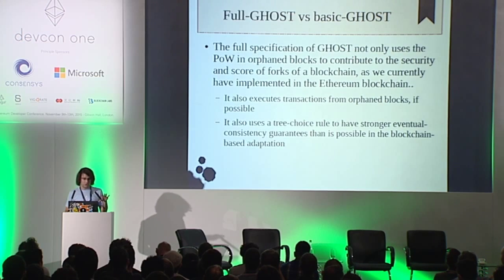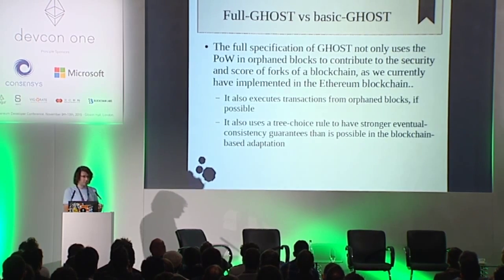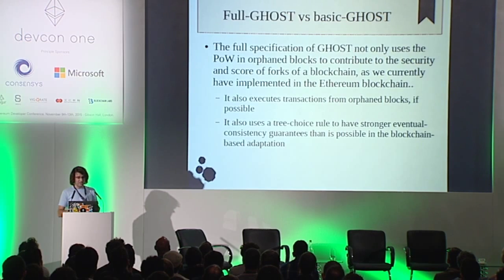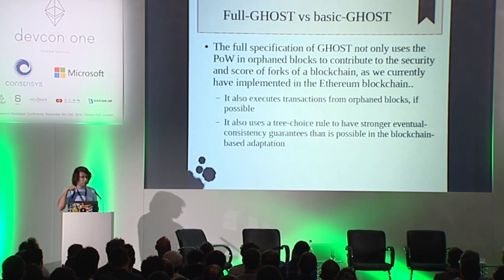In Ethereum we have an implementation of GHOST, but it's not the full GHOST protocol as given by Zohar and Sompolinsky. Basically, we include the headers of orphan blocks into blockchains, and they contribute to their fork.